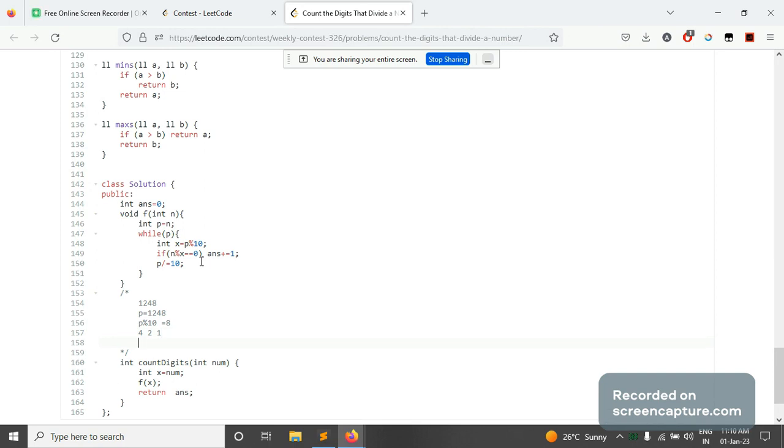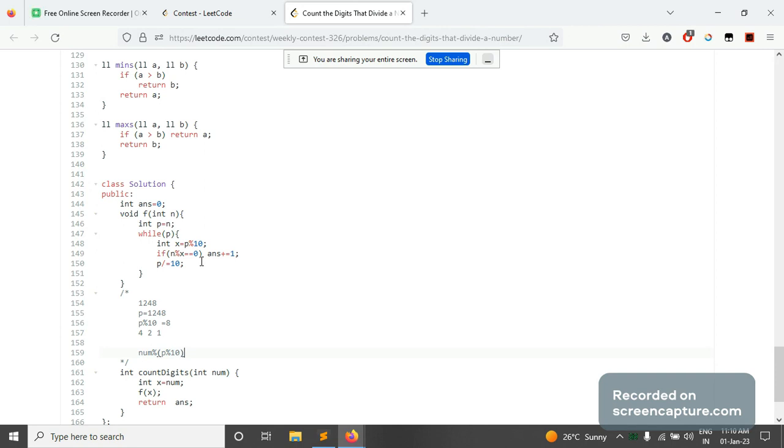So as soon as the value of p is there, I'm checking whether p mod 10 is able to divide the number.